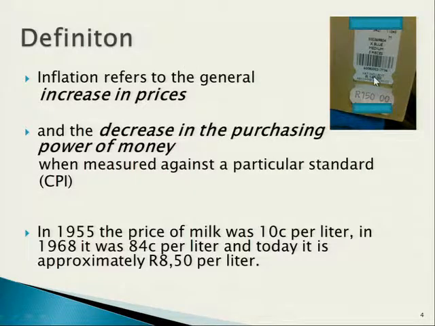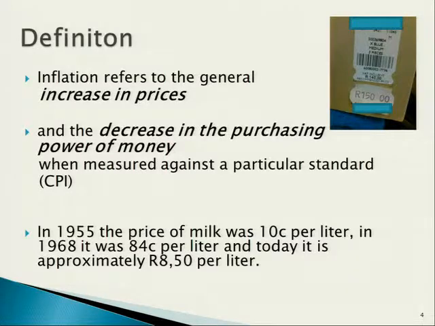So there you can see that the same product price has increased. How is that possible? This specific example was due to a shortage of cotton. So they had to increase the price of the garments that were made of cotton, because at that specific time there was a shortage of cotton.